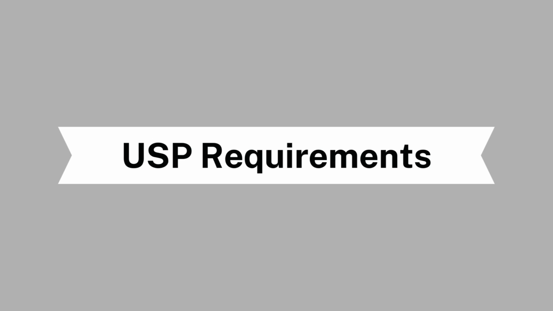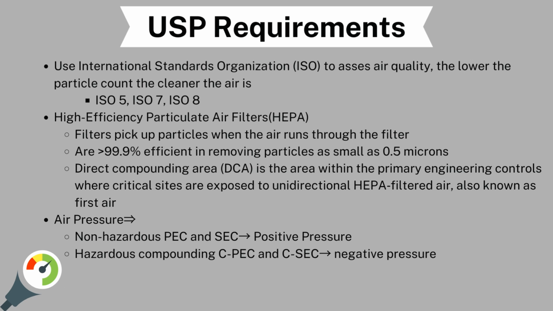Next, the USP requirements. We're going to be using the ISO to assess air quality. Like we went over earlier, the lower the particle count, the cleaner the air. So if we have ISO 5, ISO 7, or ISO 8, the ISO 5 will be cleaner than the ISO 8.